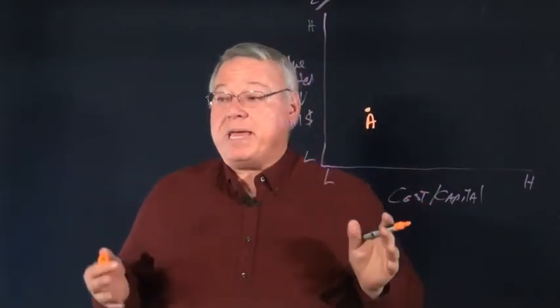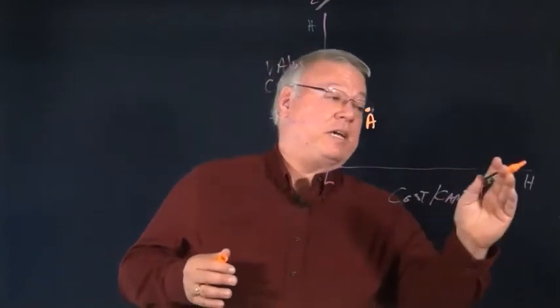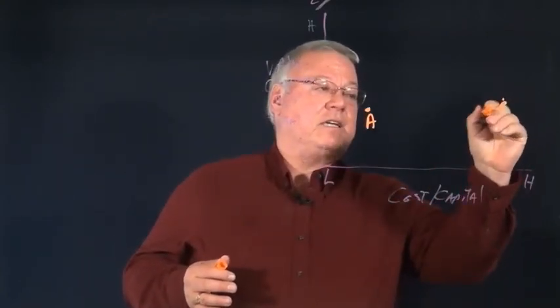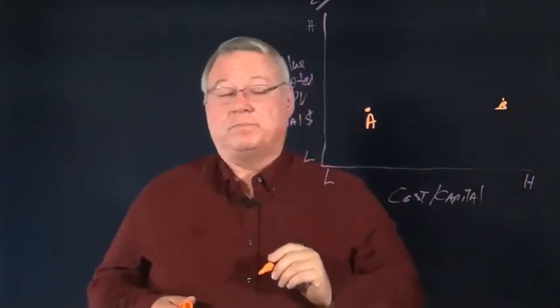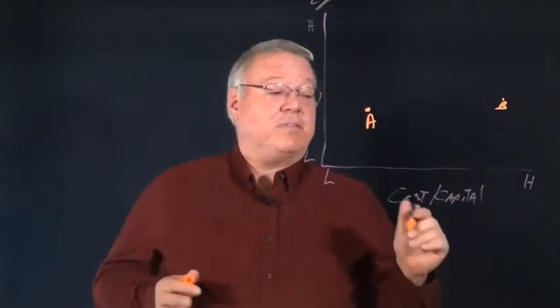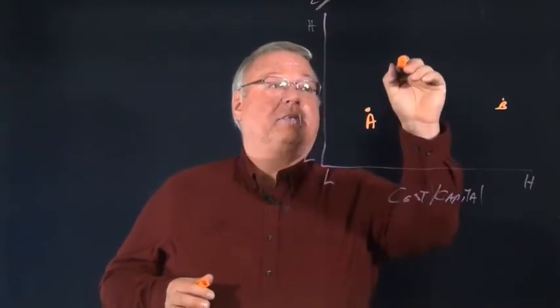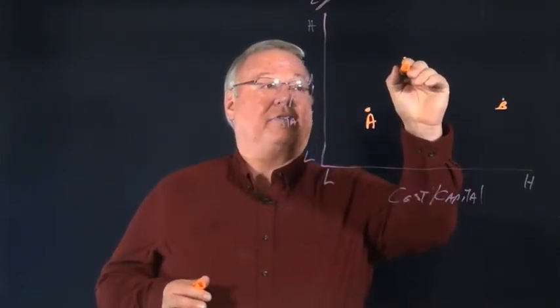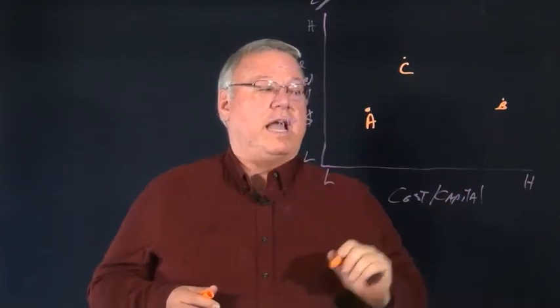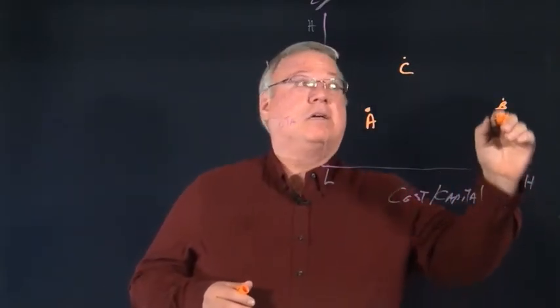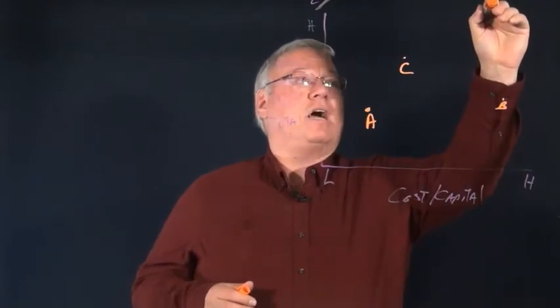Now, option B is going to cost me a lot more and sadly not give me a lot more value. Option C, on the other hand, is only going to cost a little bit more than A, but it gives a lot of value. And D is going to cost me even more than B, but it's going to give me a lot of value.